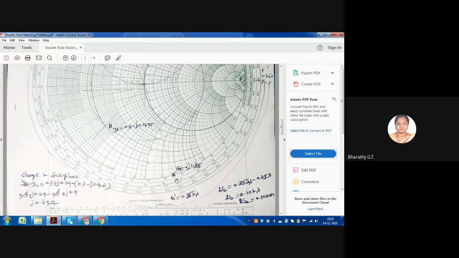Have you got this value? 0.352 lambda. Have you got it, ma? 0.352 lambda.